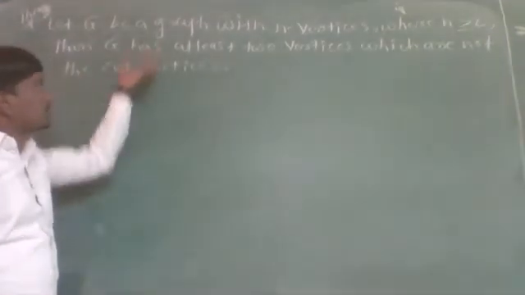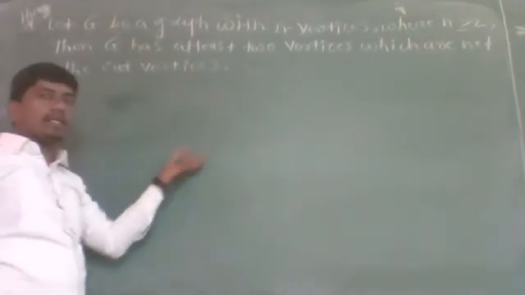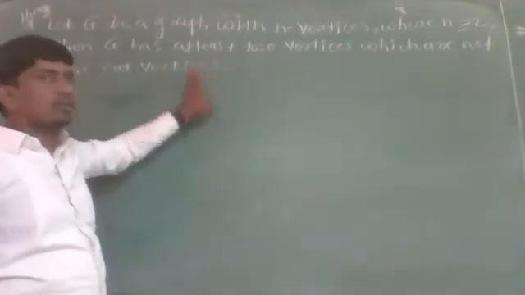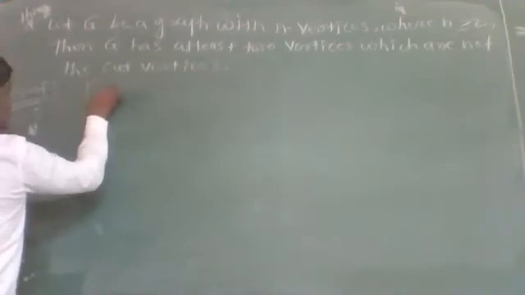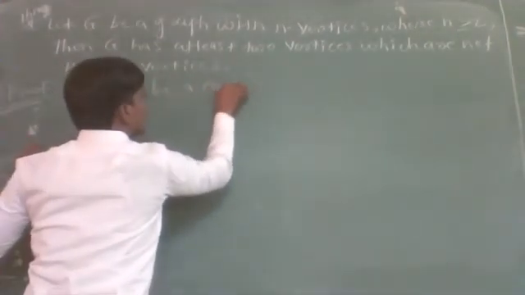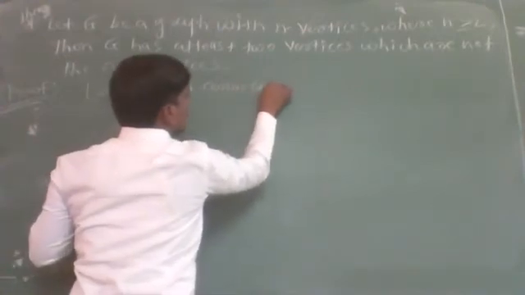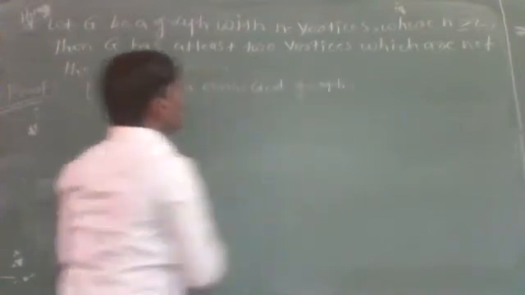If we prove it for a connected graph, then it will obviously hold for each connected component, and from this we conclude that it is also true for a disconnected graph. Let G be a connected graph. So we have to prove that G has at least 2 vertices which are not cut vertices.